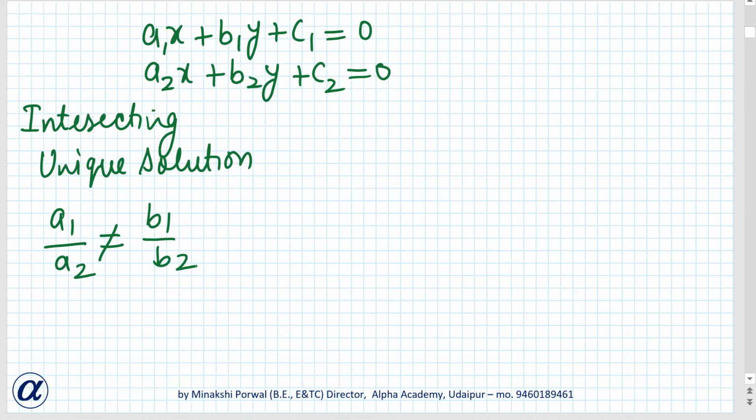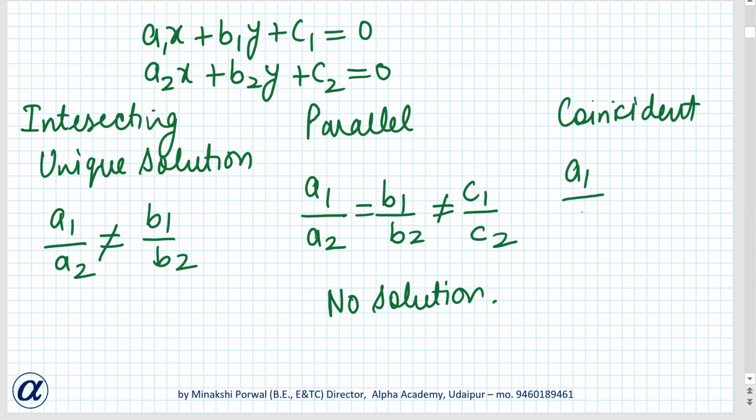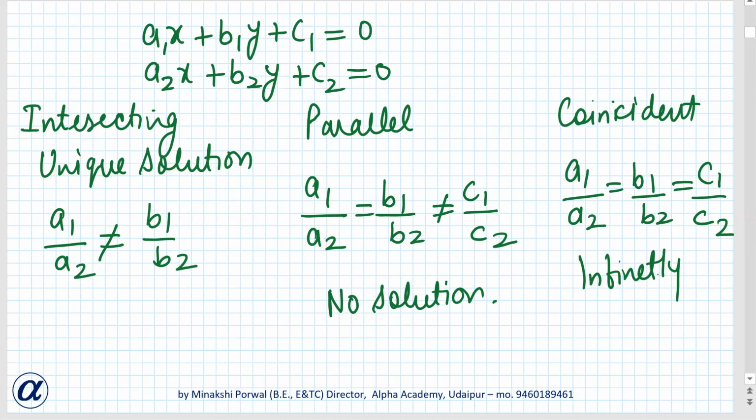If these two lines are parallel, the condition is a1 by a2 equals b1 by b2 is not equal to c1 by c2. This is the case of no solution. And if these lines are coincident, then the condition is a1 by a2 equals b1 by b2 equals c1 by c2. This is the case of infinitely many solutions.